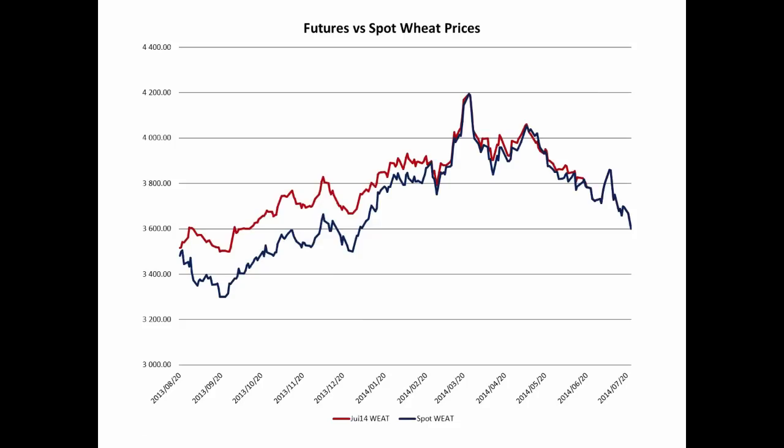I have here another example. This is a real life graph that I have taken from our data bank. The red line represents our July 14 wheat contract, having traded since the 20th of August last year until it expired on the 20th of July this year.